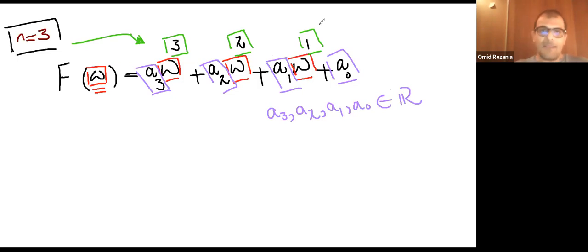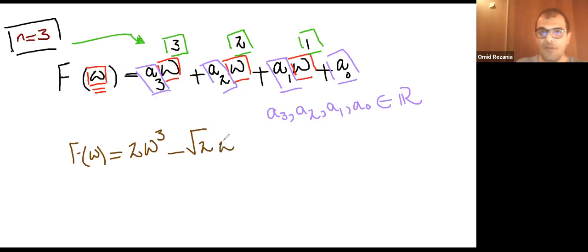Then I'm just going to pick an example for myself. For example, a3 becomes 2. You have 2w^3 minus square root 2 of w to the power 2 plus, let's say, 10w plus, let's say, 7.